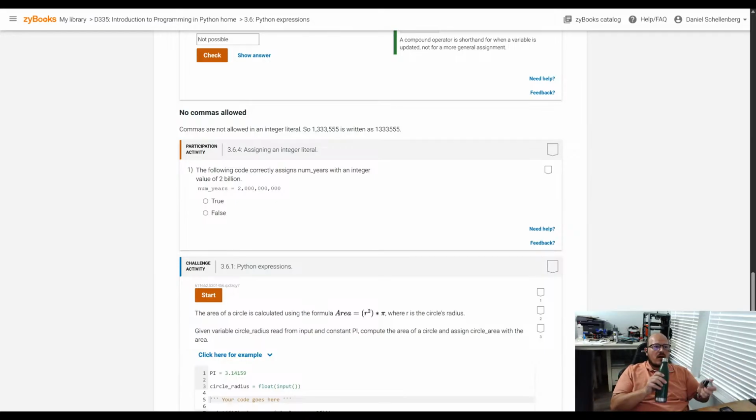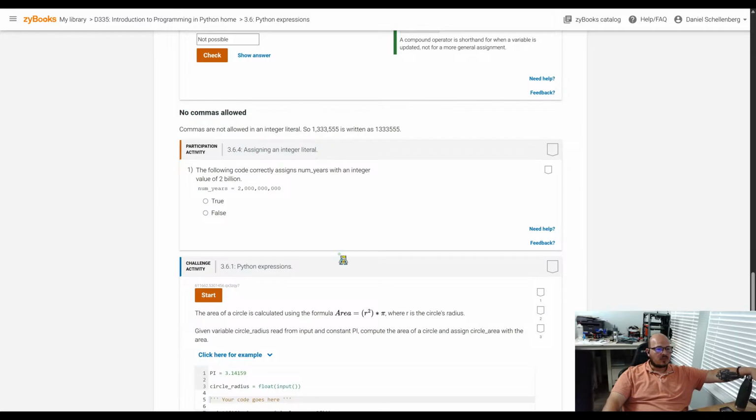Commas are not allowed in an integer literal. Oh, this one's cool because you can actually use underscores to replace the commas. So in Python you can actually do 1_333_555, which would be the same thing as 1,333,555, and that's probably what it's going to teach us here.